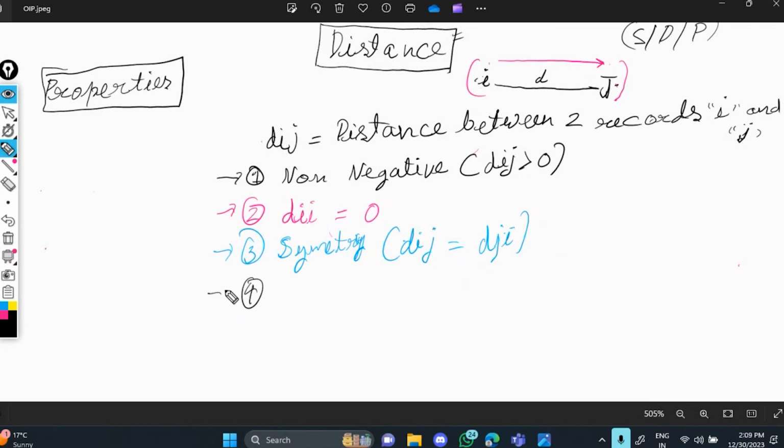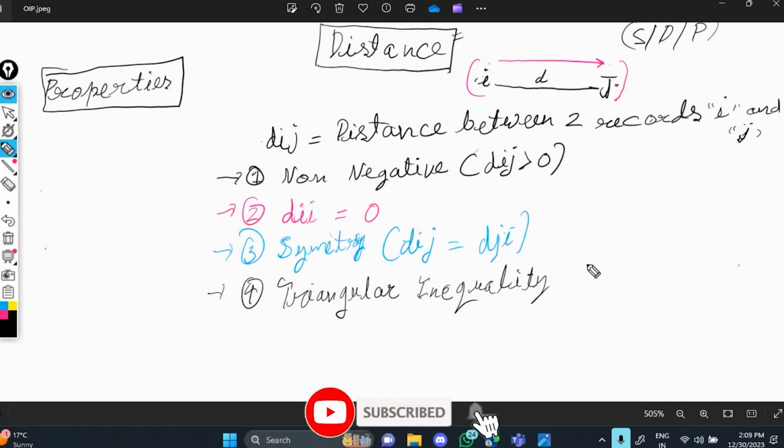Our fourth property is triangular inequality. I think you guys know what equality is and what inequality is. So here we are talking about inequality. Triangular inequality.